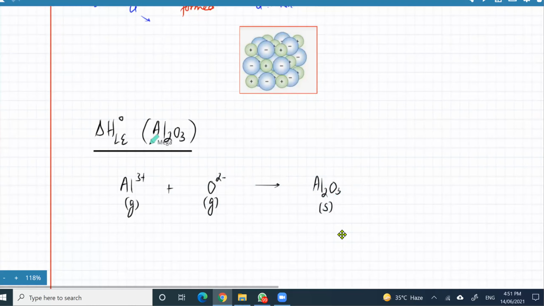So this has to be 1 mole. Your aluminium ions need to be 2 moles, and the oxygen ions would be 3.